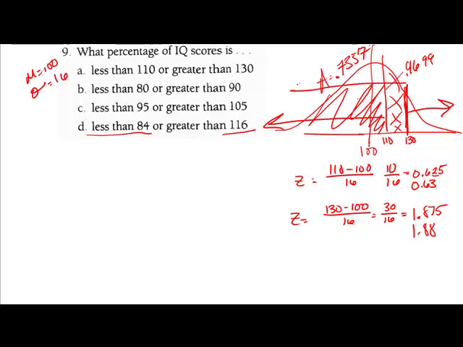But remember, that's going backwards. I need to figure out how much is greater than. So 1 minus 0.9699. Cheated and used the calculator, and it tells me that from here forward is 0.301.